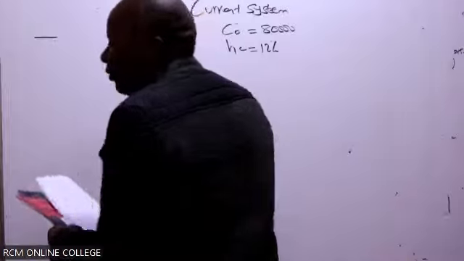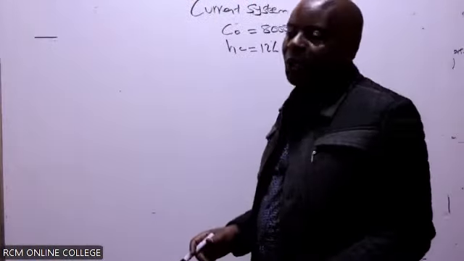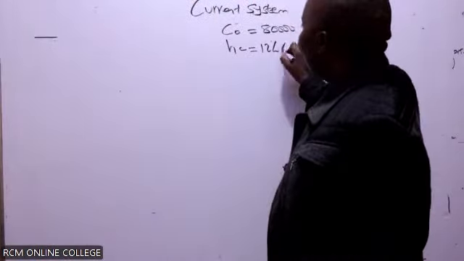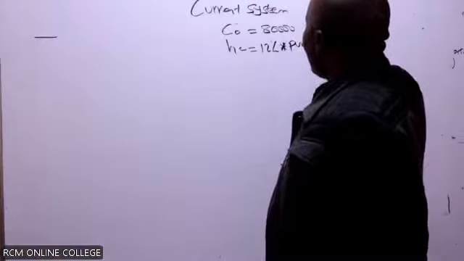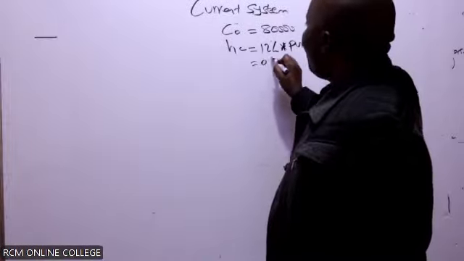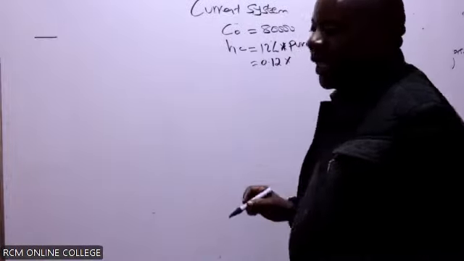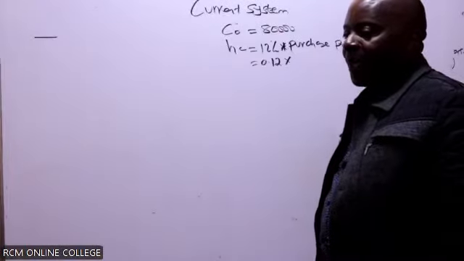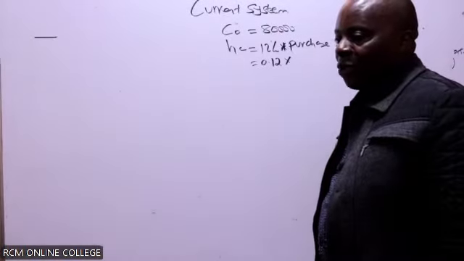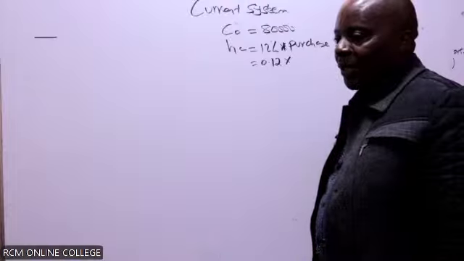Whenever they give us a holding cost as a percentage, we shall always multiply it with the purchase price. So this will be 0.12 times the purchase price. Under this current system, are you able to see the purchase price, my good students?